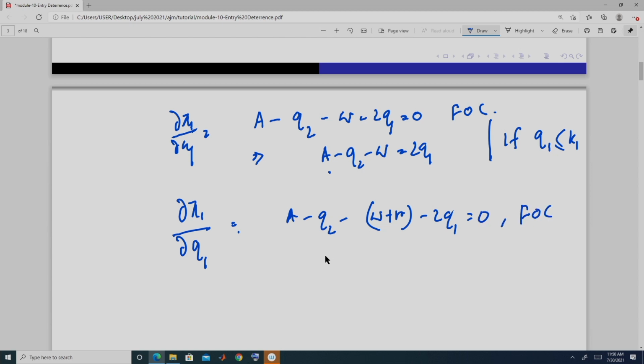This is the first order condition, implying this.